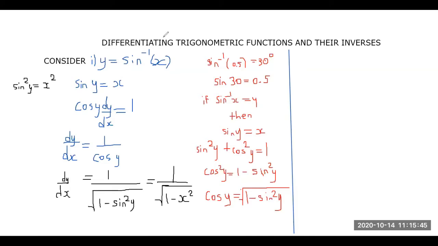So in general, let's write down the conclusion of the rule.